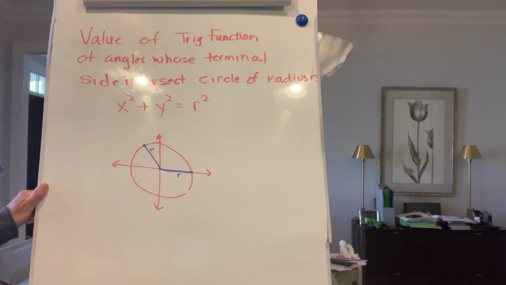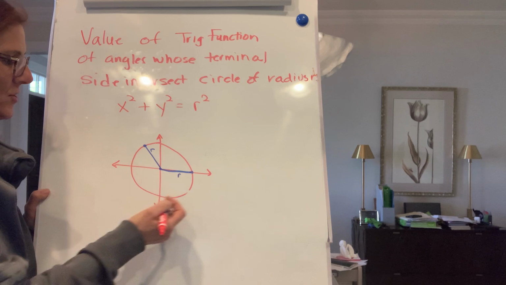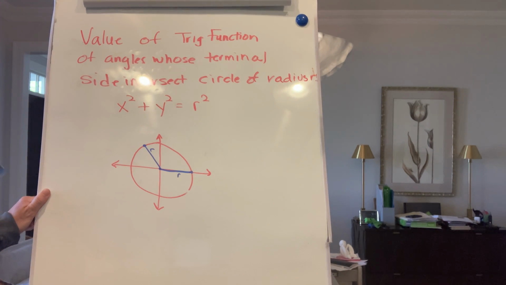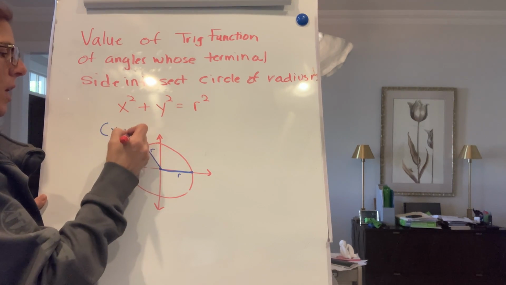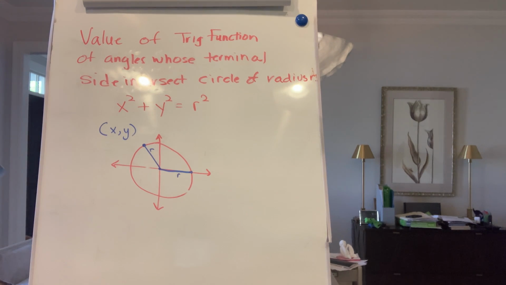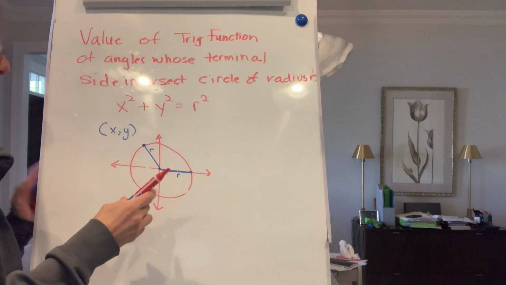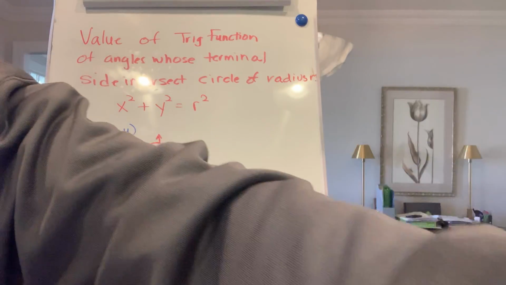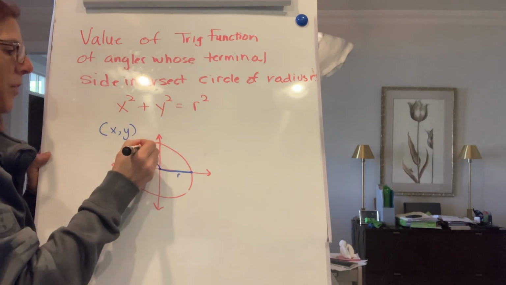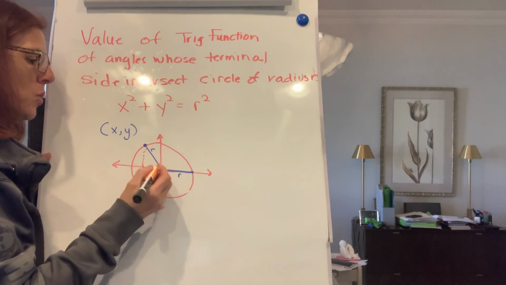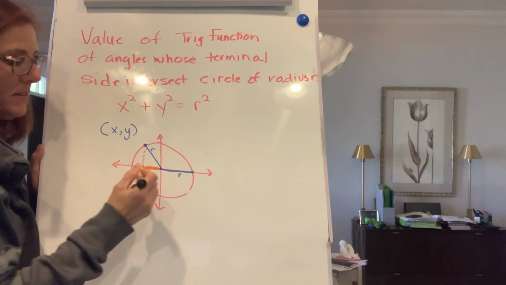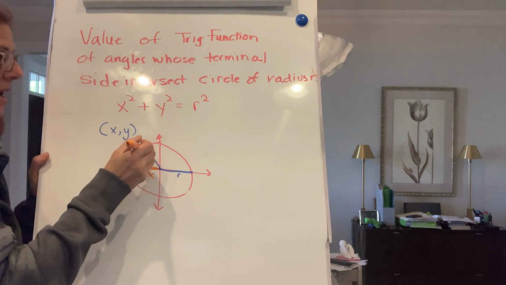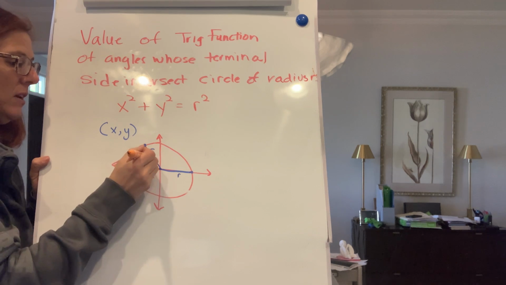That's what's really cool. All right, so say I have a circle like this and it intersects the circle here at this point, right? This is the point x comma y. We'll just say any random point x comma y. Think about what that means in terms of coordinates, right? This length right here is x, and this length right here is y.